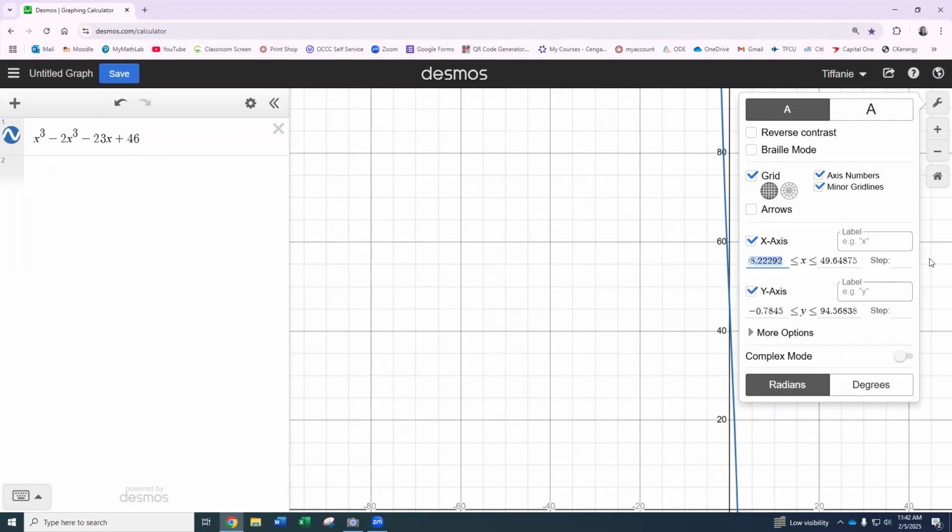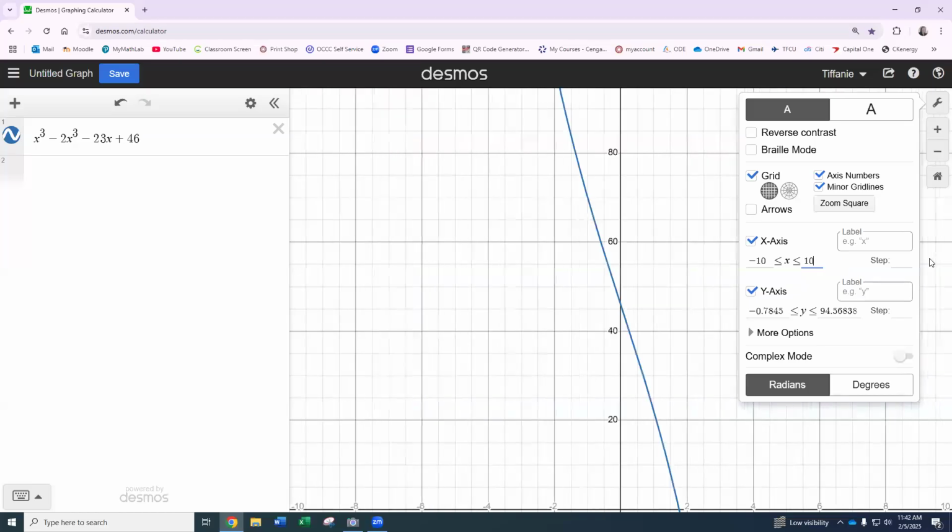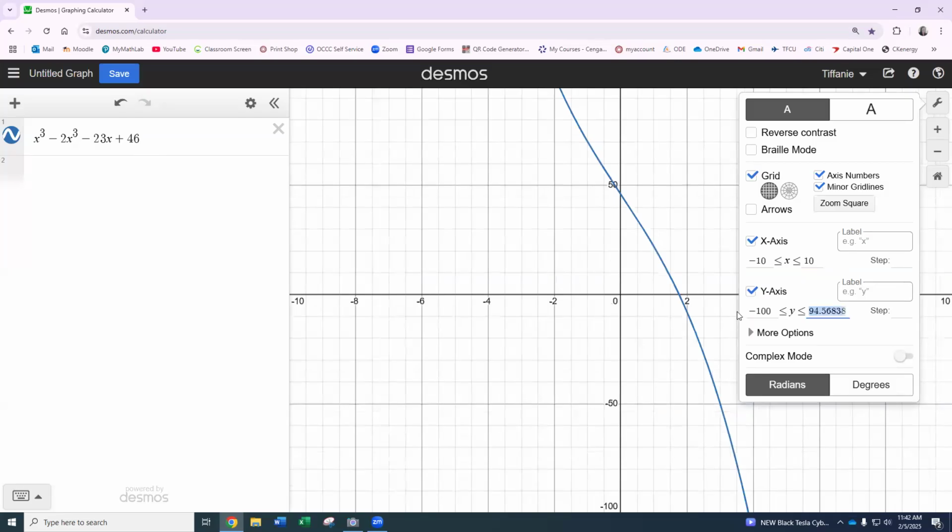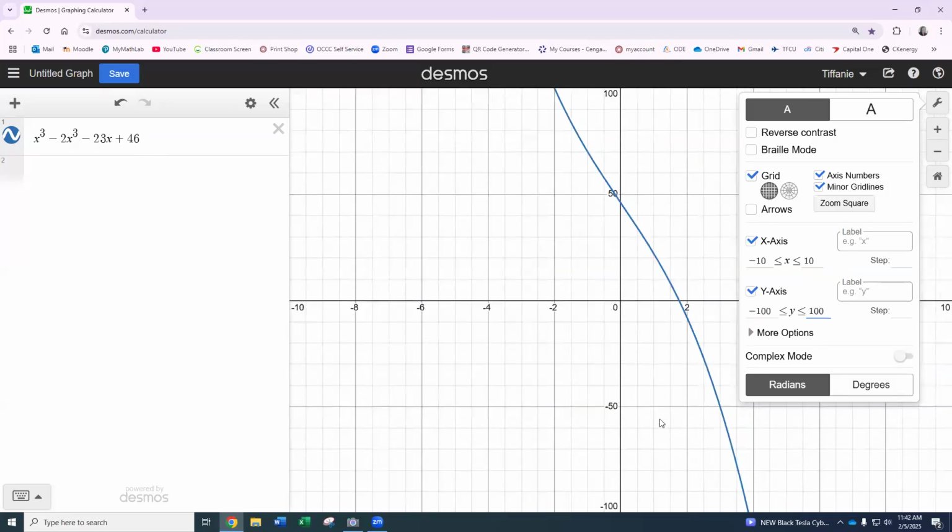I'm just playing around with this window to make this graph look a little bit better here. So I'm going to go -10 to 10 on my X. And then on my Y, let's go -100 to 100.